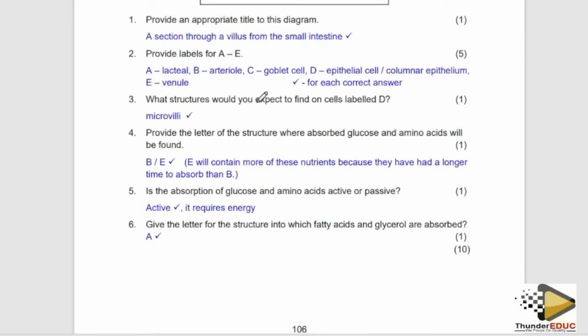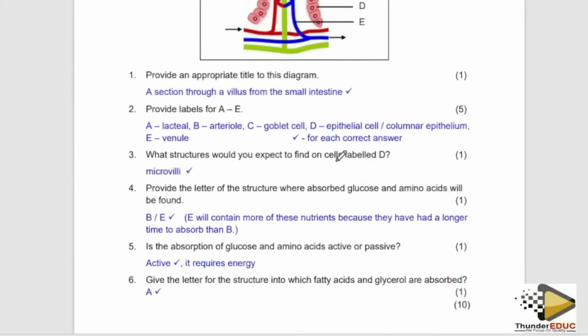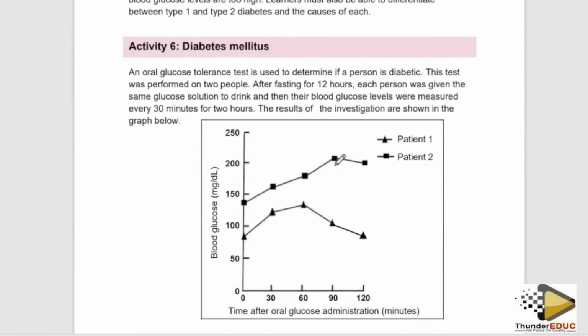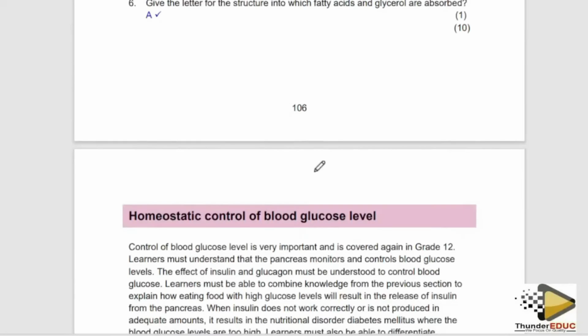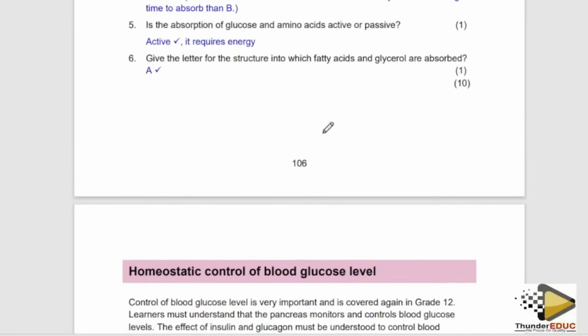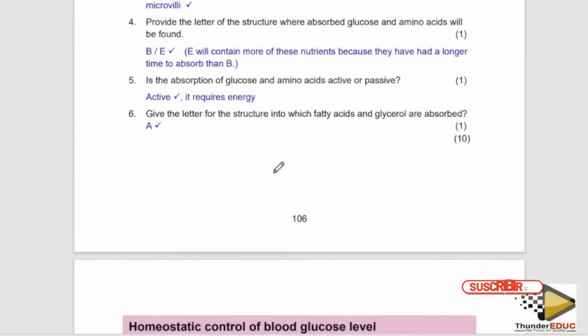They're asking, in what structure would you expect to find the microvillus? Even this one is also related to the adaptation. Is absorption of glucose or amino acids active transport or passive?